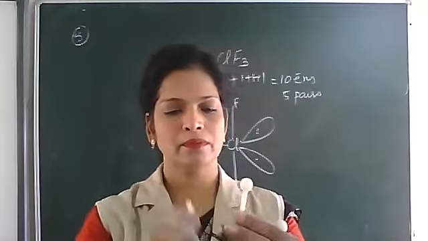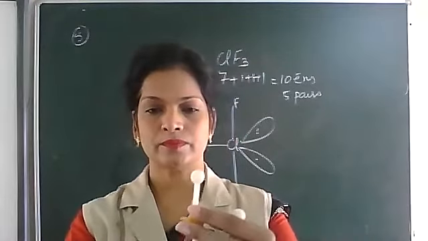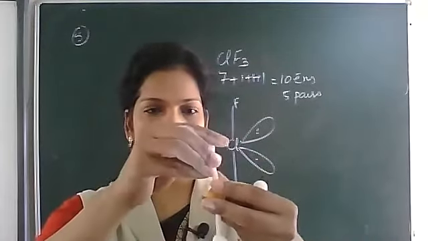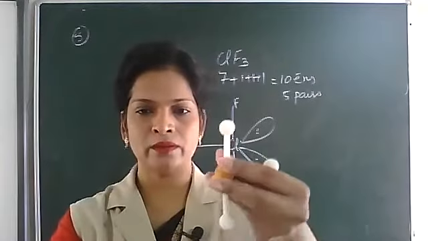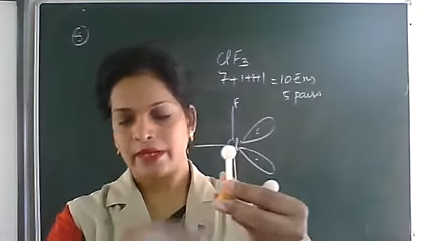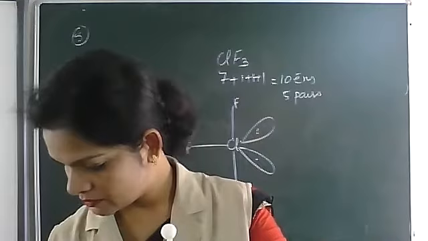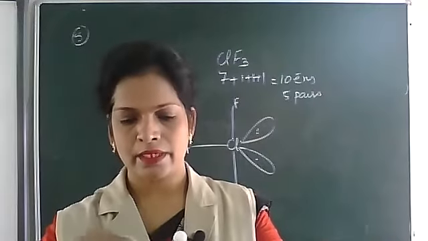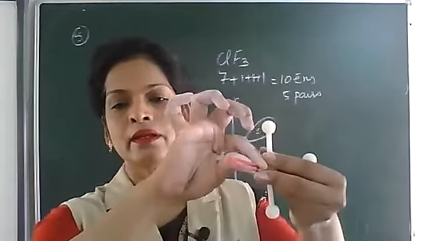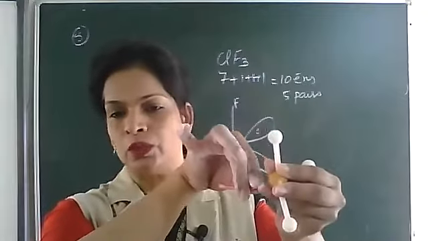One up, one down. So this is T shape, and here there is a lone pair and one lone pair here also.